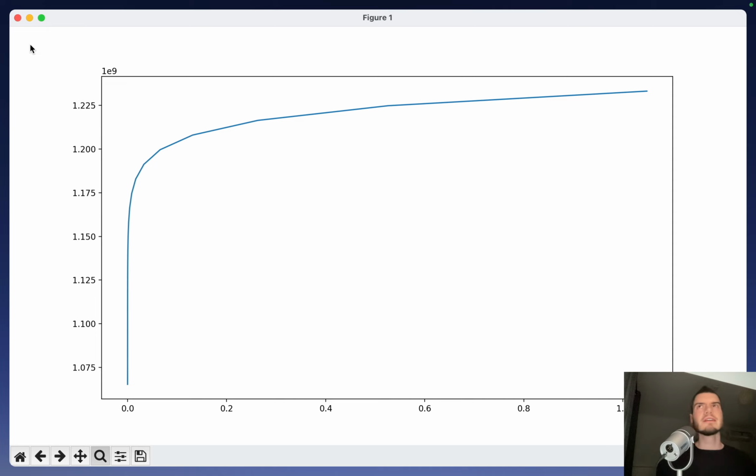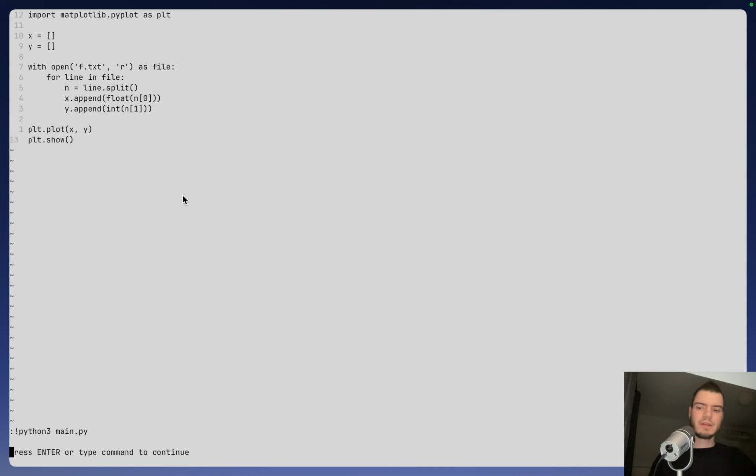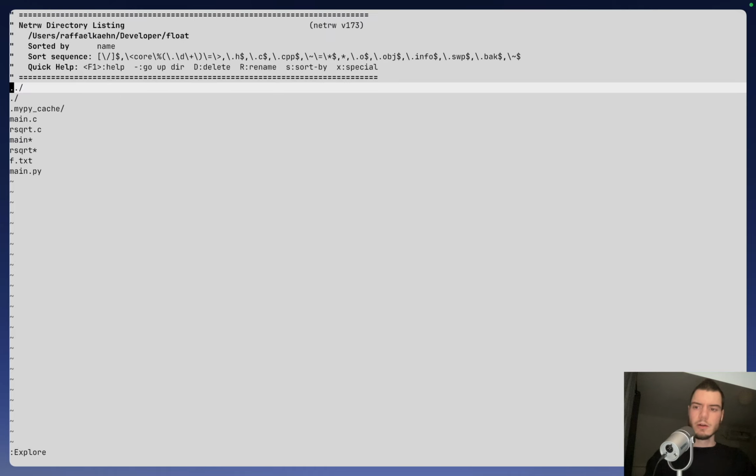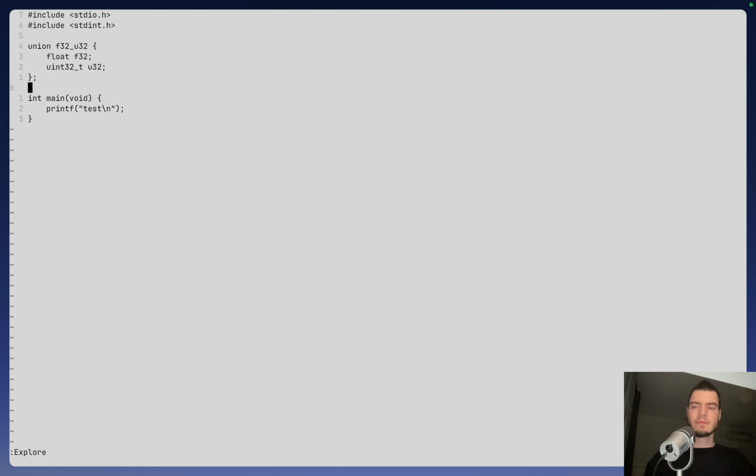So in the context of our inverse square root, how does this actually help us? Well, it turns out that there are a couple of mathematical rules that relate operations on certain values to operations on the logarithm of those values.